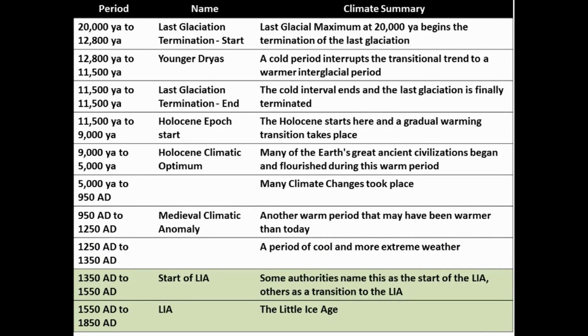After these extremes of weather, temperatures continued to fall, and during the next time slice from 1350 to 1850 AD, temperatures reached their coldest since the beginning of the Holocene.